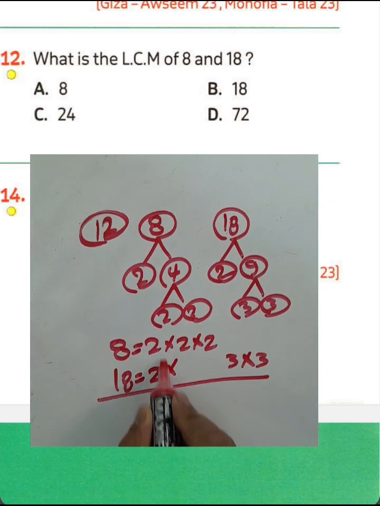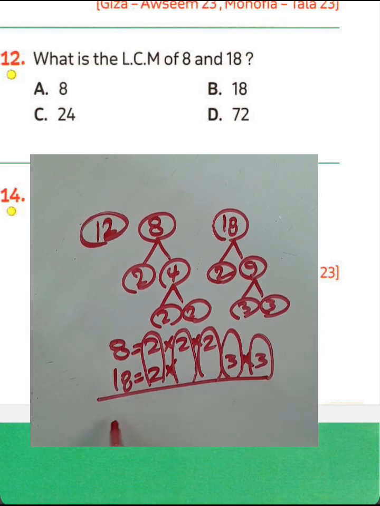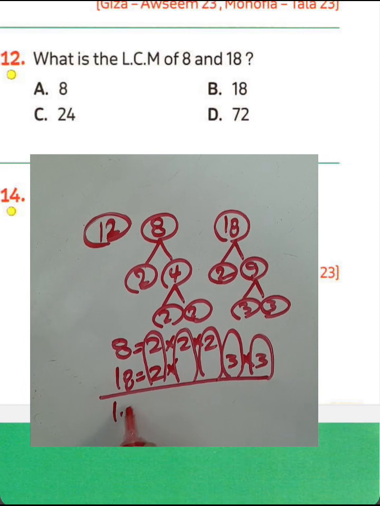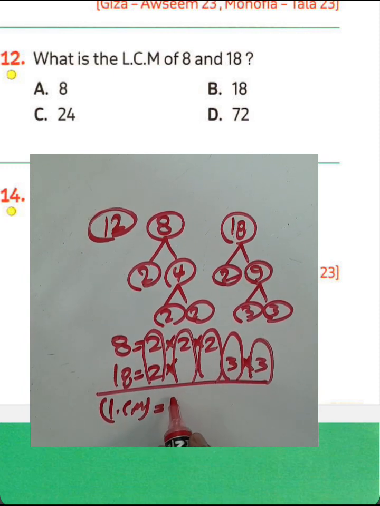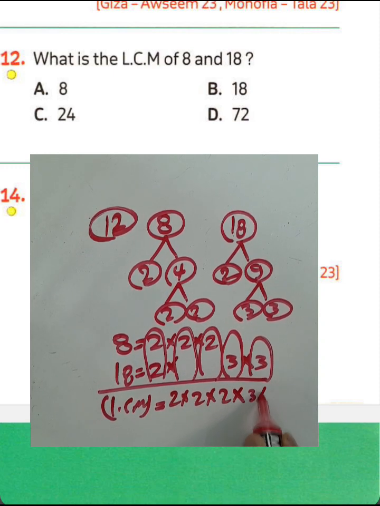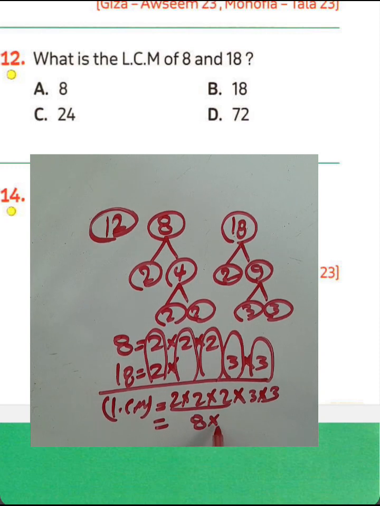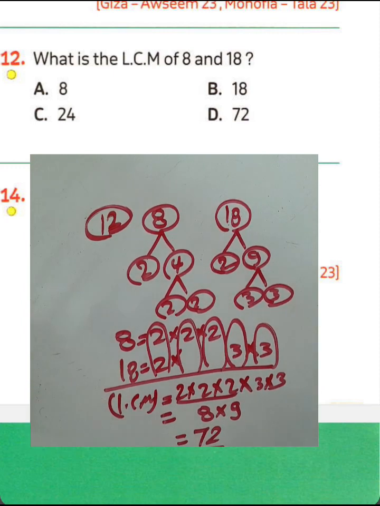And then draw the circles to find the least common multiple, taking from each closed curve one digit: 2, 2, 2 and 3, 3. 2 times 2 times 2 equals 8, and 3 times 3 equals 9. 8 times 9 equals 72. Okay.